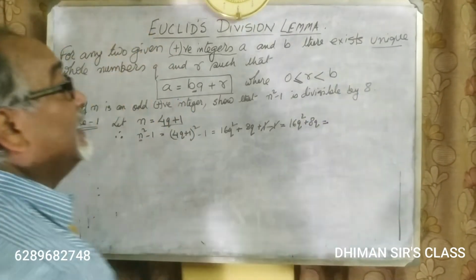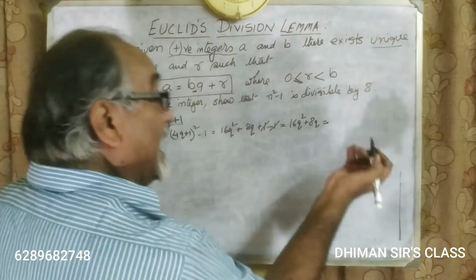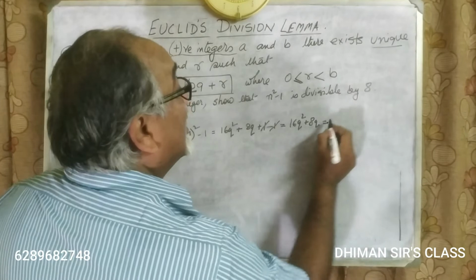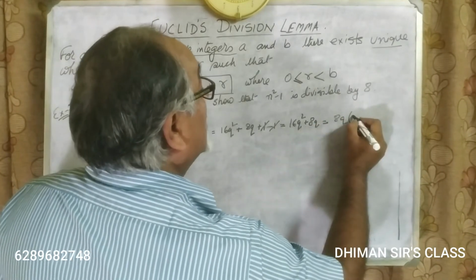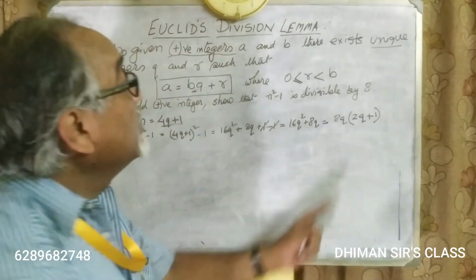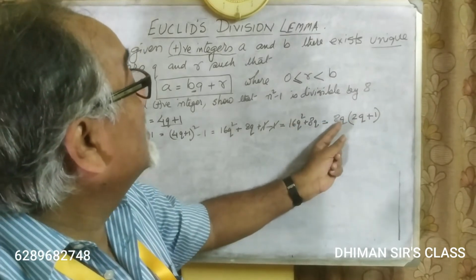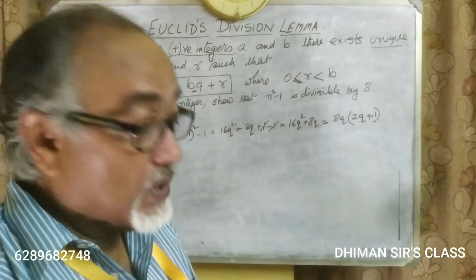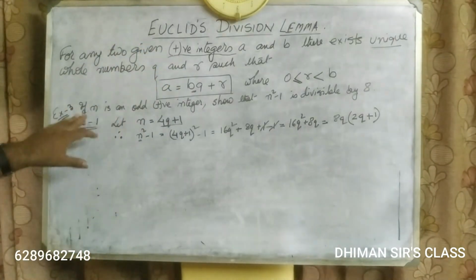Now we can see that we can take 8q as common. 8q remains, 2q plus 1. So 8 twos are 16q square, plus 8q. So 8q is common. Now what was our question?